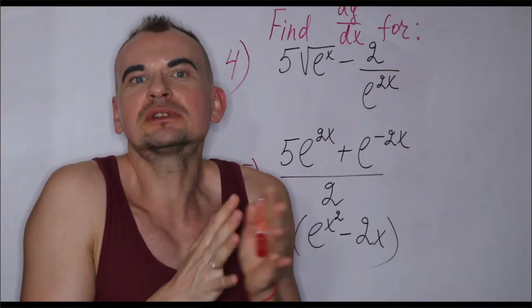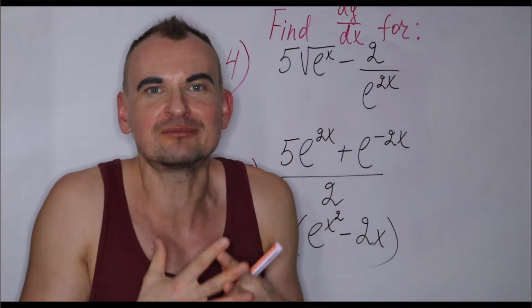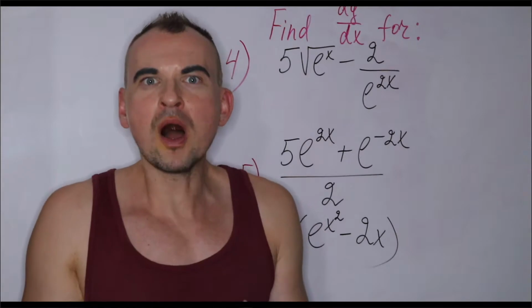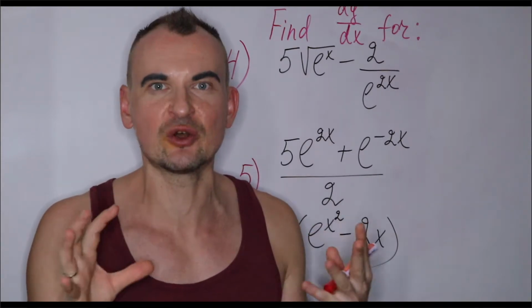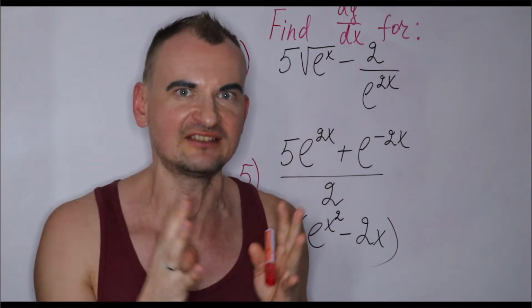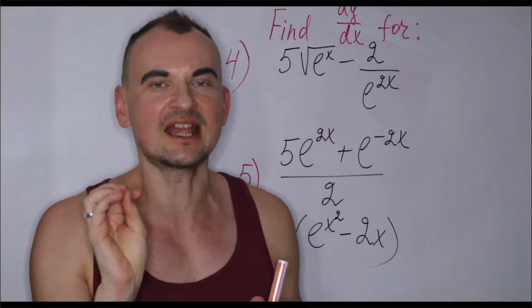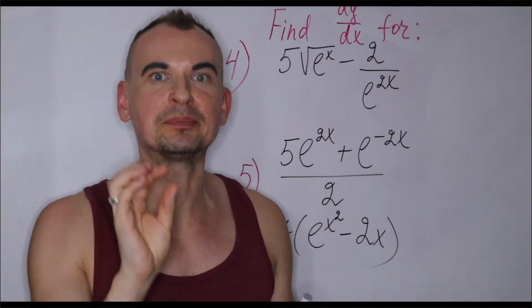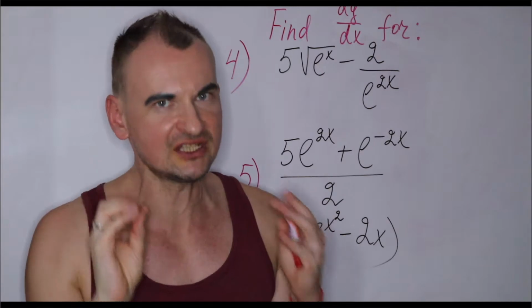I might sound like a broken record because I'm going to repeat myself 100 times or even more. The chain rule says: all you do is take the derivative of the outside function, leaving the inside function alone, untouched, times the derivative of the inside function.